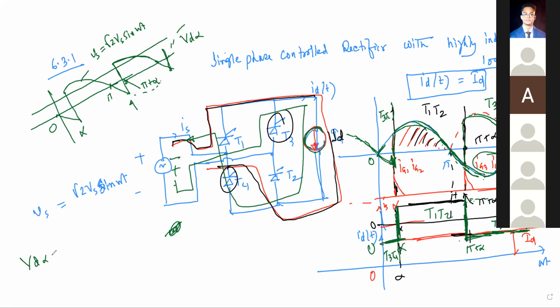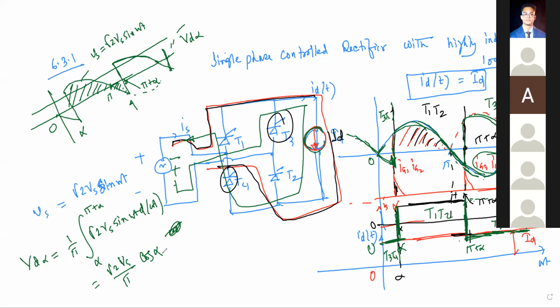Then we have to integrate it between alpha to pi plus alpha. Am I correct or not? So Vd alpha is 1 by pi, integral of √2 Vs sine of omega t d omega t, which gives √2 Vs by pi times cosine of alpha. You got my point?